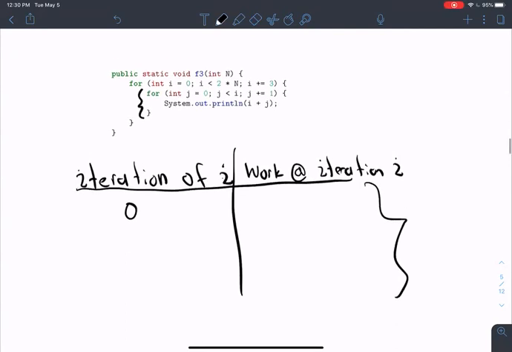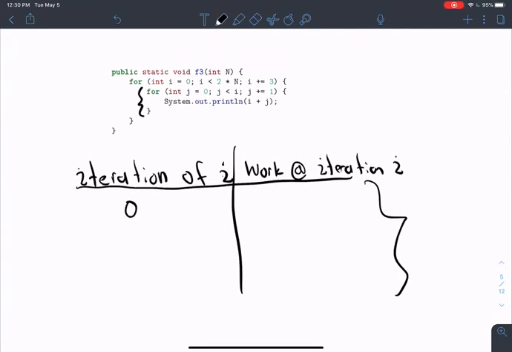So when i is equal to 0, how many times does that inner for loop run? Yeah, 0, because this condition is not satisfied. Okay, when i is 1, how many times does that inner for loop run? Yep, it's also 1.